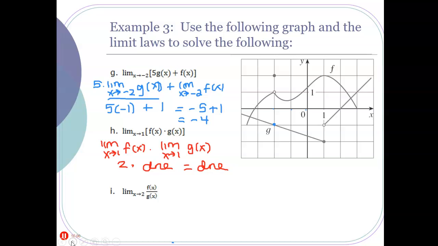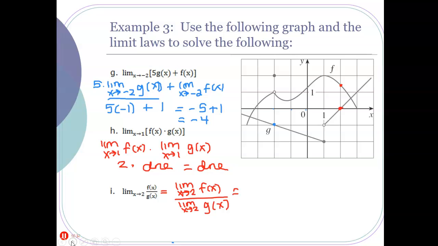And the limit as x approaches 2, so here's 2, of f of x divided by g of x. So that's the same as saying the limit as x approaches 2 of f of x over the limit as x approaches 2 of g of x.